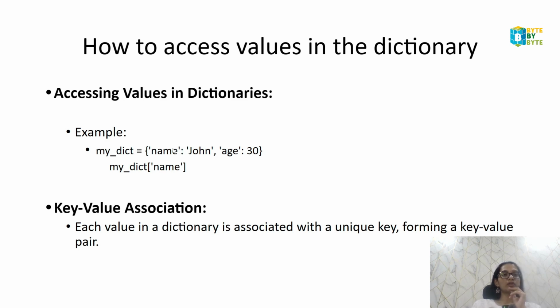You will say my dict, that is your dictionary name, and within square brackets you will say name. So instead of the default indexes, we give our custom made indexes. Our custom made key is nothing but name. Each value in a dictionary is associated with its own unique key, forming a key value pair.